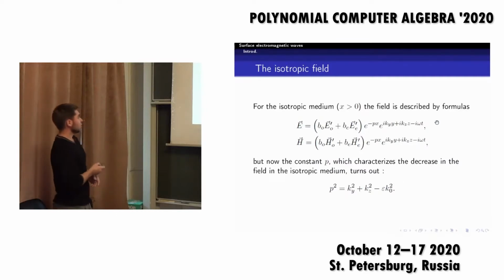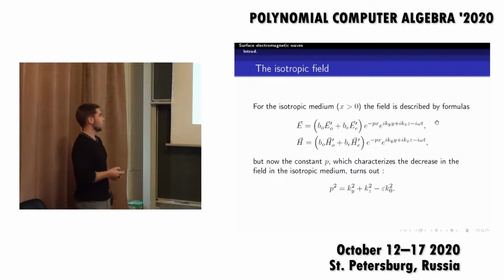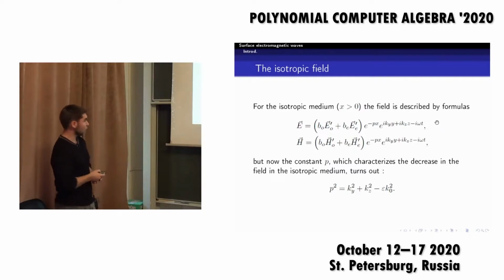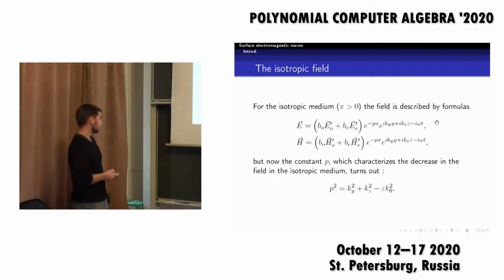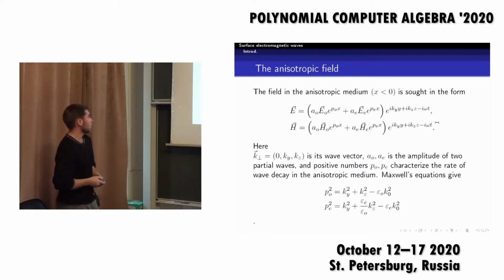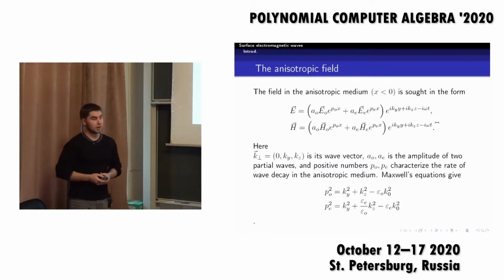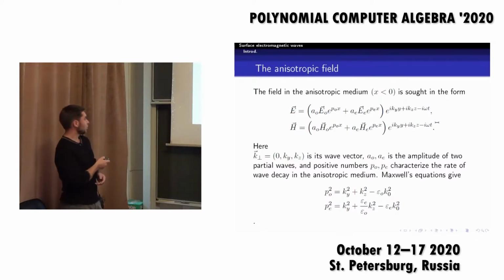We consider the isotropic medium when x is greater than 0. This field is described by this formula. But now the constant p, which characterizes the decrease of the field in the isotropic medium, turns out to follow from these equations. The field in the isotropic medium can also be described by a system of two equations.